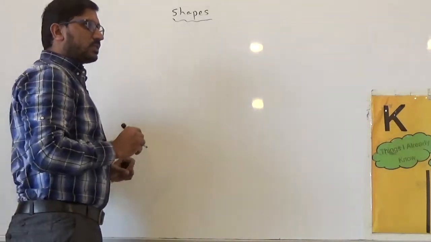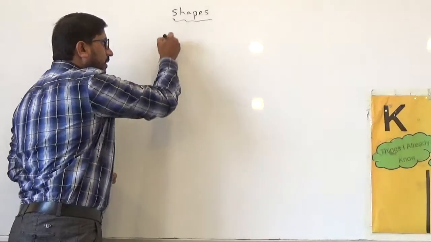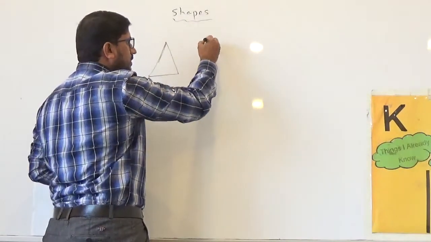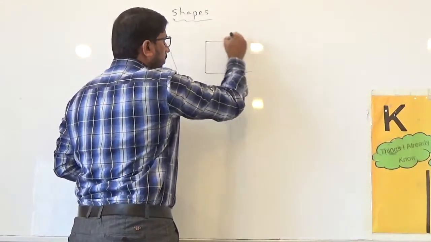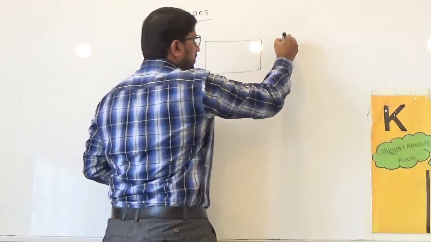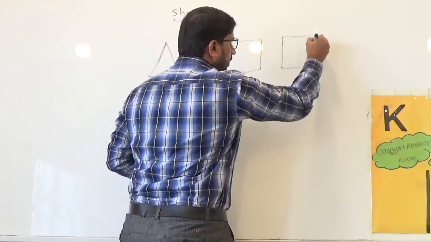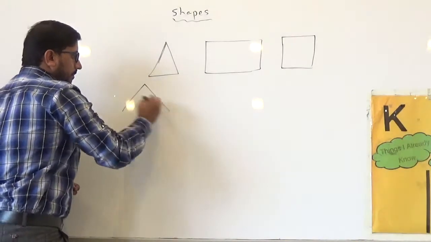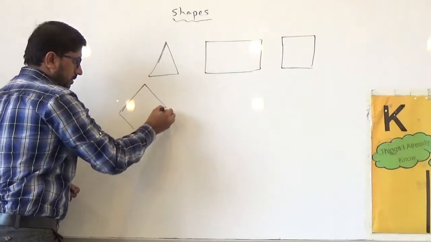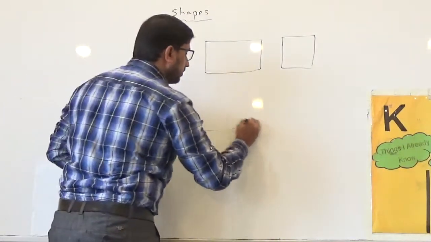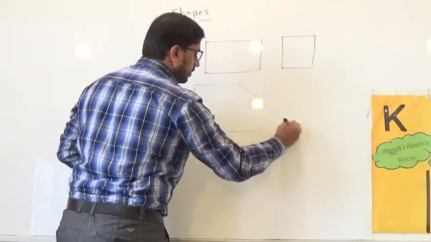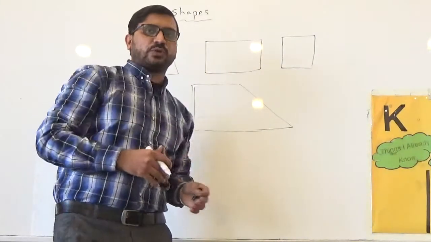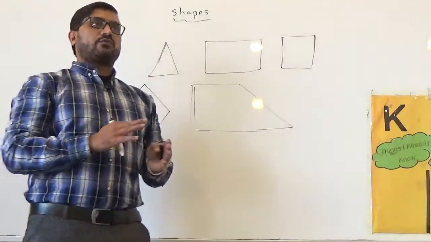Till now we have discussed different shapes, like triangle, rectangle or square, rhombus, or a trapezium, and many more shapes just like that, which you have been discussing after your primary levels.